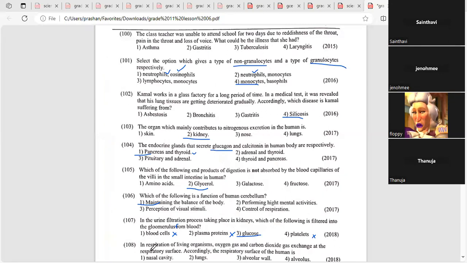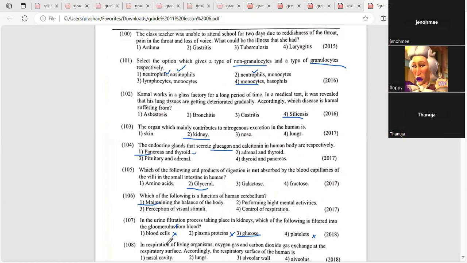Then the last MCQ question. In respiration of living organisms, oxygen gas and carbon dioxide gas exchange at the respiratory surface. Accordingly, the respiratory surface of humans is the alveolar wall.